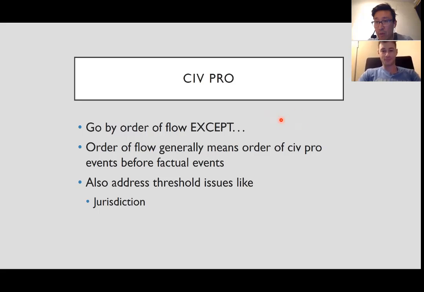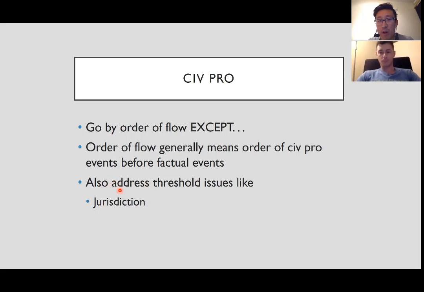You kind of follow notice and service of process, and then the complaint and other things that happen like that. And that ordering may or may not be more important than any substance of a claim that happens, depending on whether or not they're mixed.